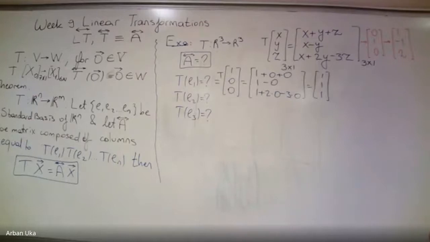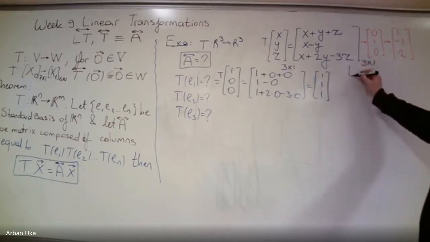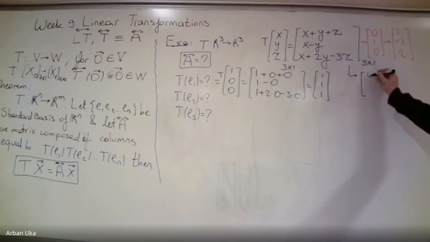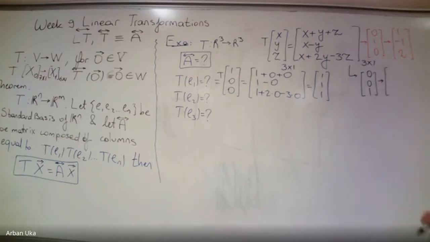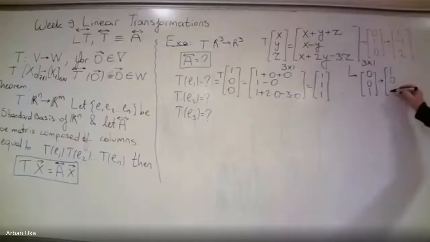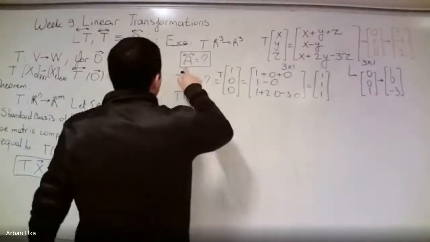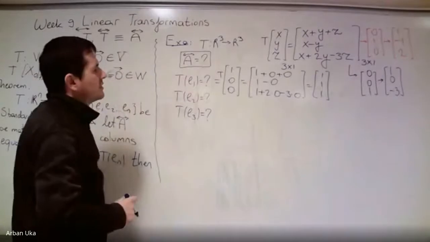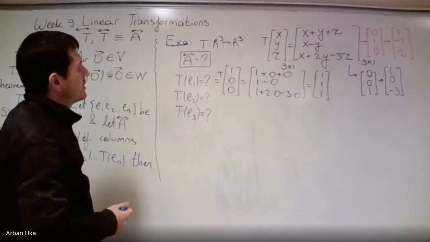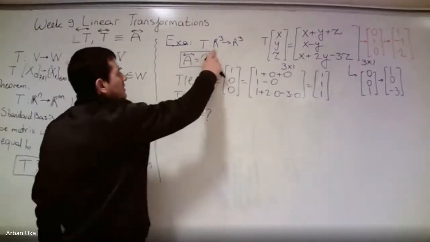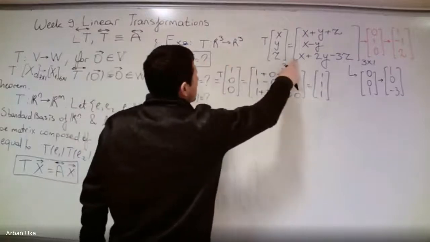Okay. So this is 1, minus 1, 2. Then, if we want to evaluate this for 0, 0, 1, what do we get here? 1, 0, minus 3. So the question that we asked initially was what is the matrix which correctly represents the transformation from R3 to R3 given these values.